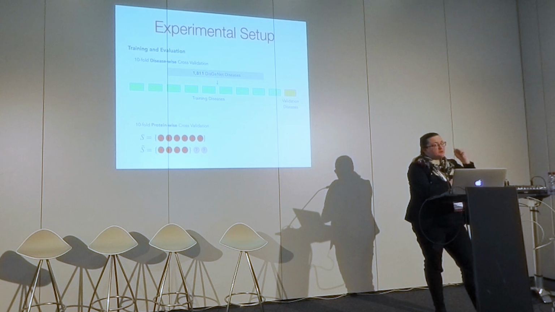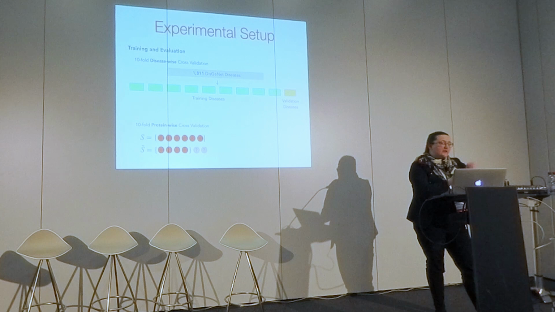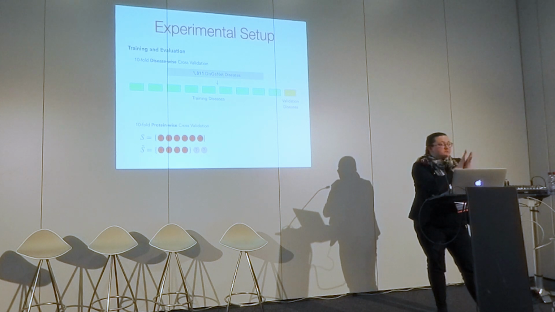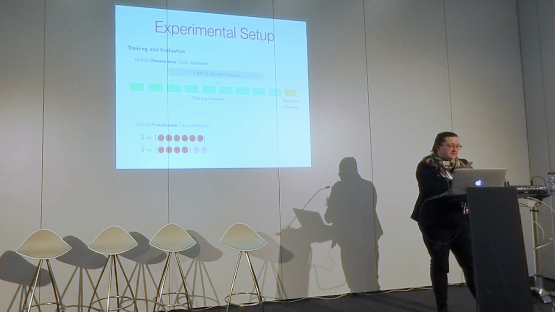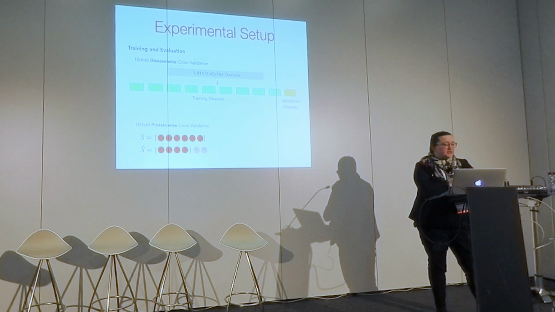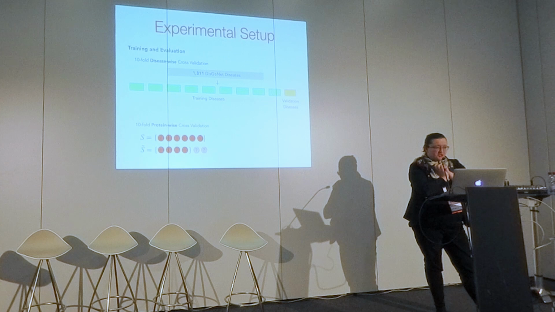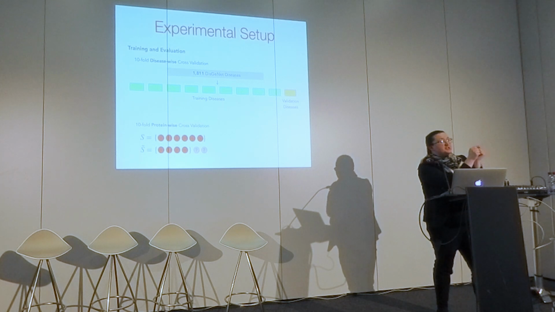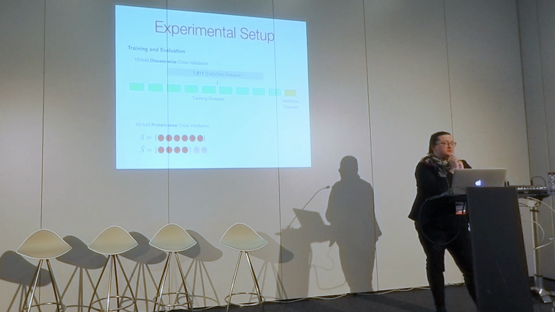For each of those 2,000 or 1,800 diseases, we know which proteins are associated with that disease. We split those associations in a tenfold fashion and then do protein-wise cross-validation, which means that we pretend there is a new protein that we don't know anything about. What can the model predict about it?